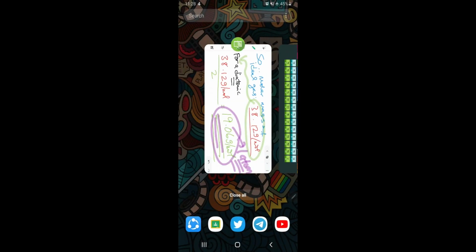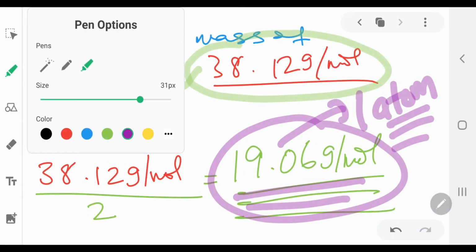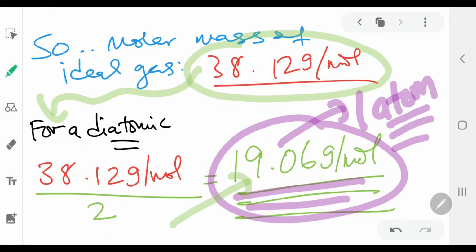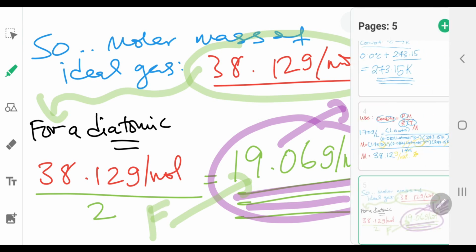So we can say that this is for fluorine.